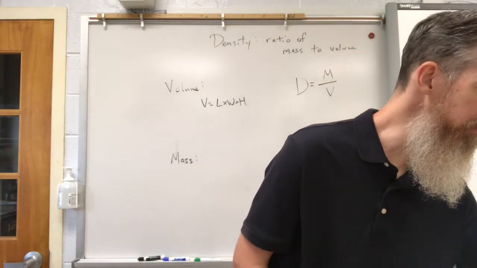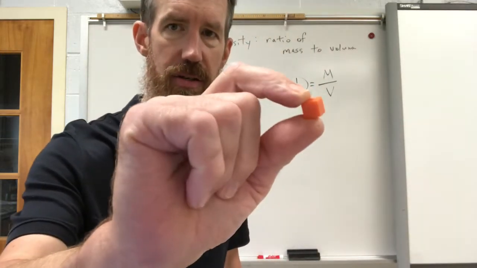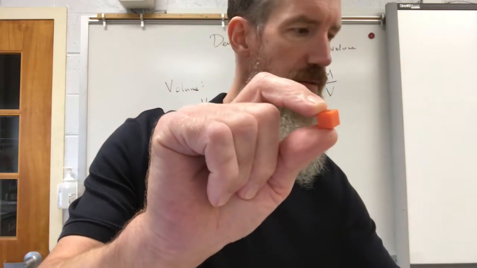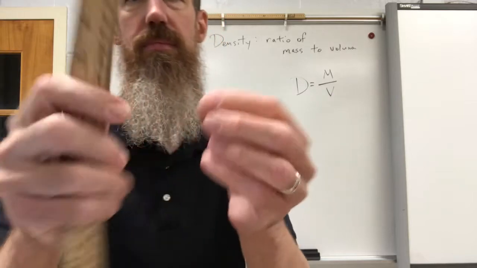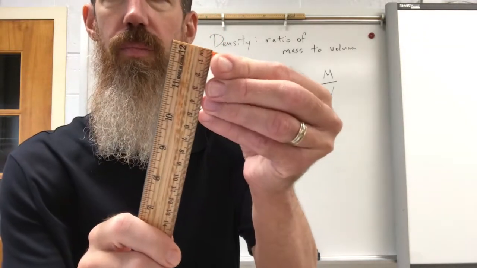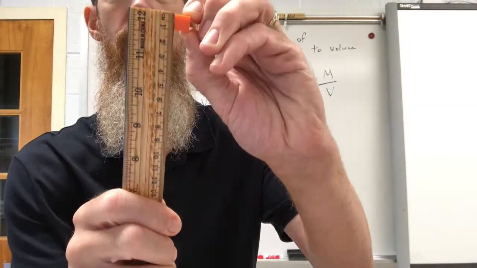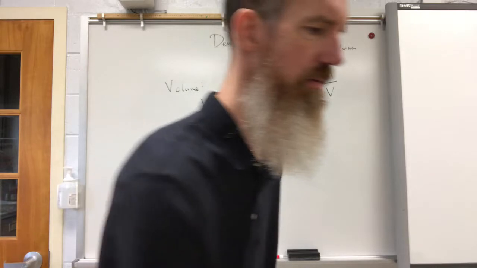And so, speaking of another example of volume, I have this little cube, this little orange cube. And this little orange cube happens to be, if I can get my fingers out of the way, 1 centimeter, just about, on each side.